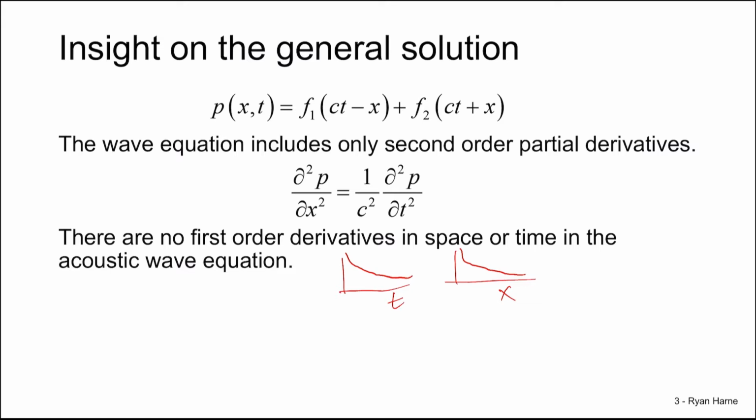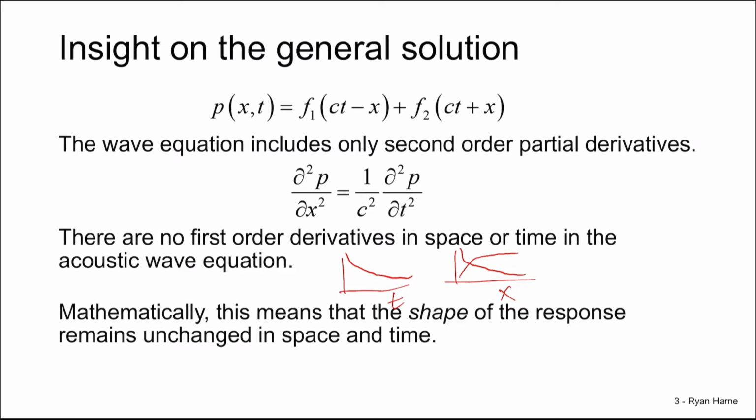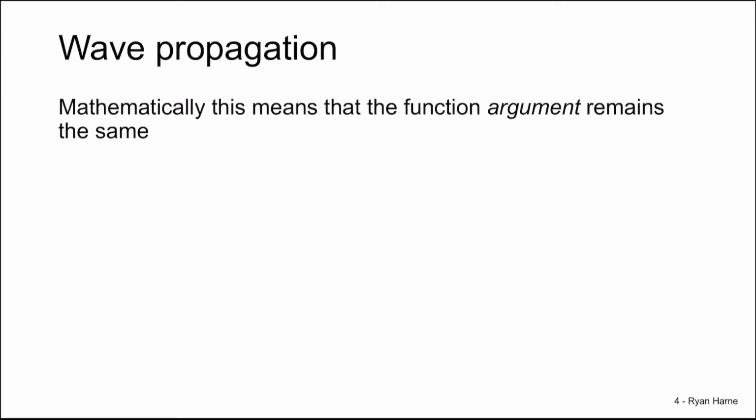So decays occur, whether reducing in time or increasing exponentially to plateau in time. This is what first-order derivatives do in equations of motion. But in this case, we have second-order derivatives. This means that the shape of the response of pressure remains unchanged in space and in time. Mathematically, that means that the function argument remains the same.